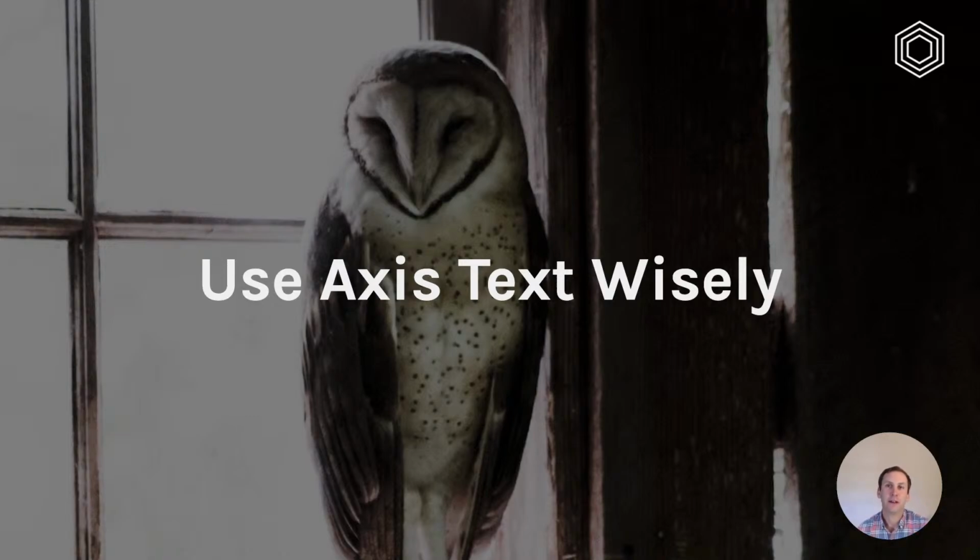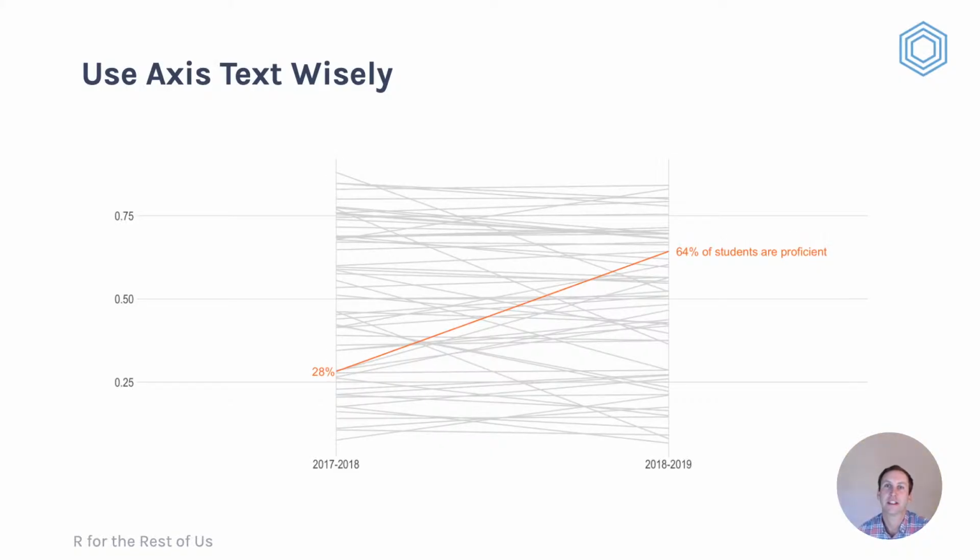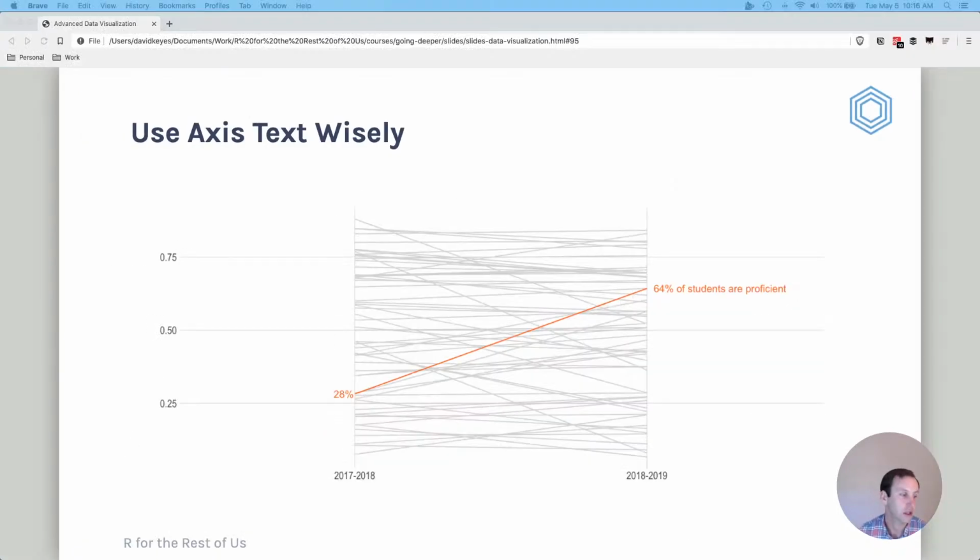Let's look at where we ended up last time. We have this graph, right? We've added some text that looks pretty good. Some direct labeling, that is. The 64% of students are proficient, 28% in 2017, 2018. Notice though that our axis labels here don't look particularly great, right? We have 0.25, 0.50, 0.75, when in fact that should be 25%, 50%, 75%. So let me show you how you can actually change that.